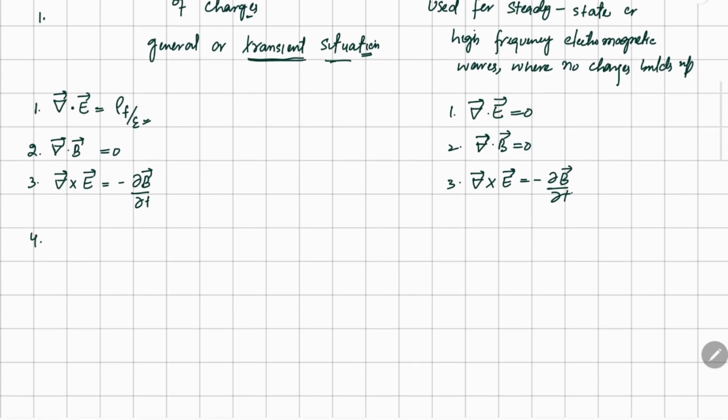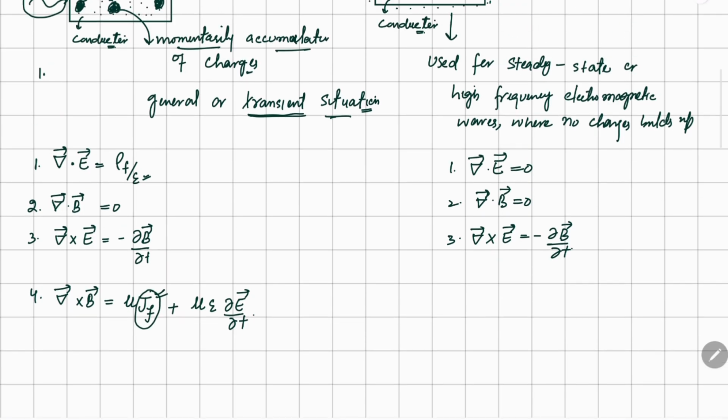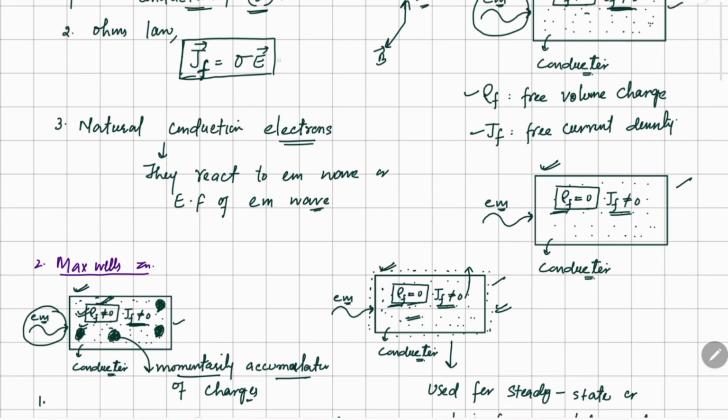Now, the fourth equation says that del cross B is mu 0 J, but here we have mu because it's a conductor, so we write the permeability of that material, and it is Jf rather than whole J, plus mu 0 epsilon 0, but we have here mu and epsilon dou E by dou t. This is important. Now we'll use Ohm's law here, because Jf will follow Ohm's law. That's the basic assumption here.